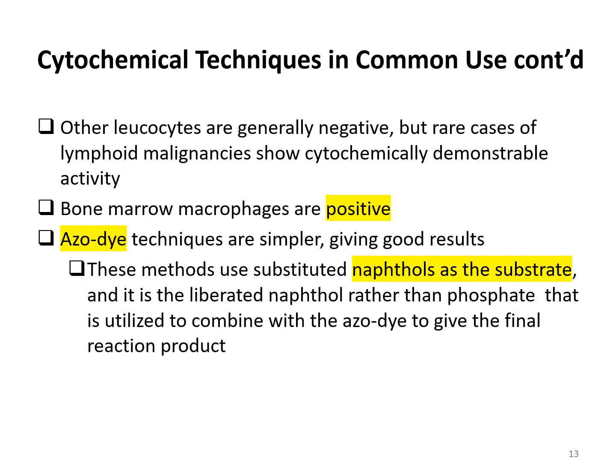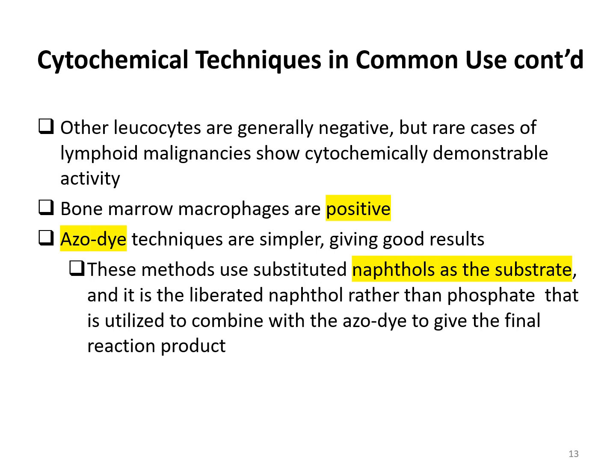Other leukocytes are negative, but in some cases, like in lymphoid malignancies, they can show some activities. The bone marrow macrophages are positive, and if we use another technique in combination with azo dyes, it will give a better result.